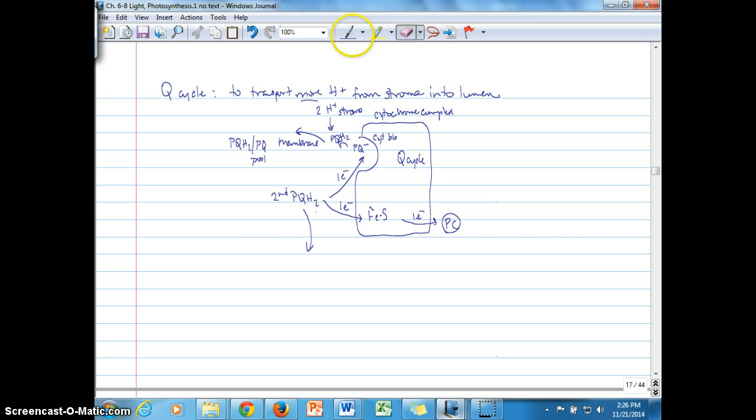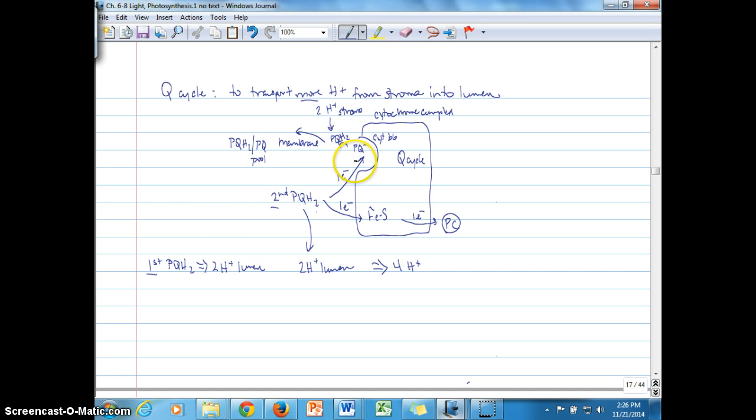So one thing to remember is that when that second PQH2 comes along and is oxidized, it too is releasing 2 hydrogen ions into the lumen, as we saw with the first PQH2 released 2 hydrogen ions into the lumen, for a total of 4 hydrogen ions in the lumen between the first PQH2 and the second one.